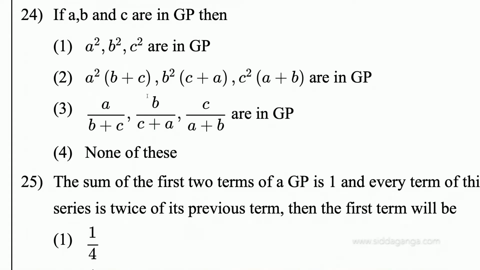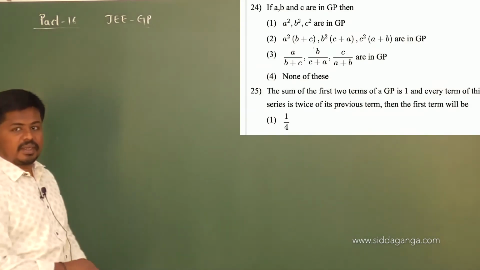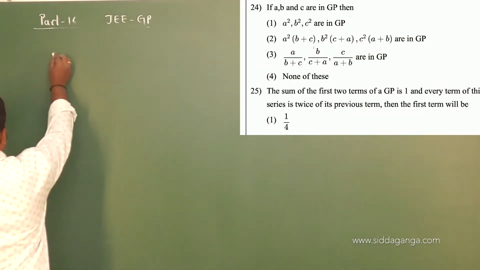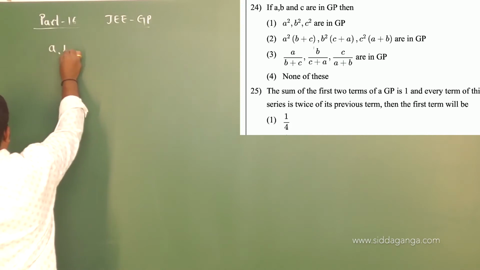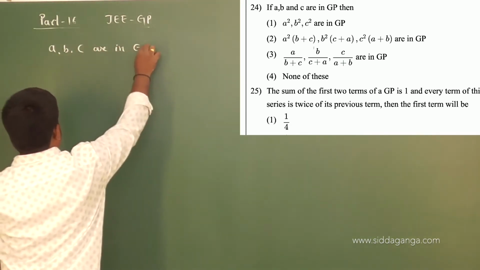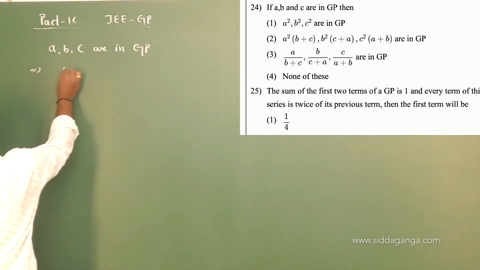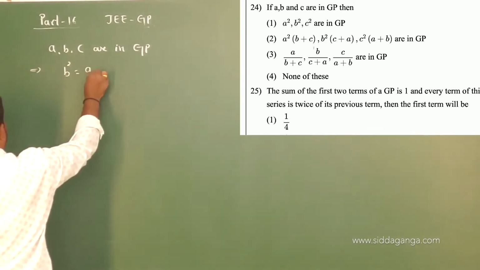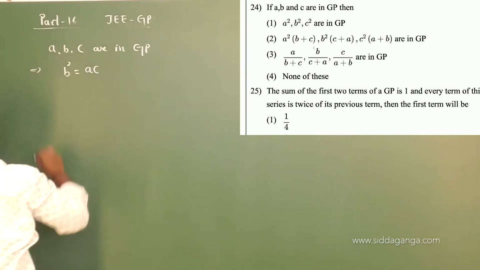Okay, question number 24. If a, b and c are in GP, then what is true among the 4 options? So let us check the first one. When a, b, c are in GP, I can write b^2 is equal to ac using the definition of geometric mean, right?